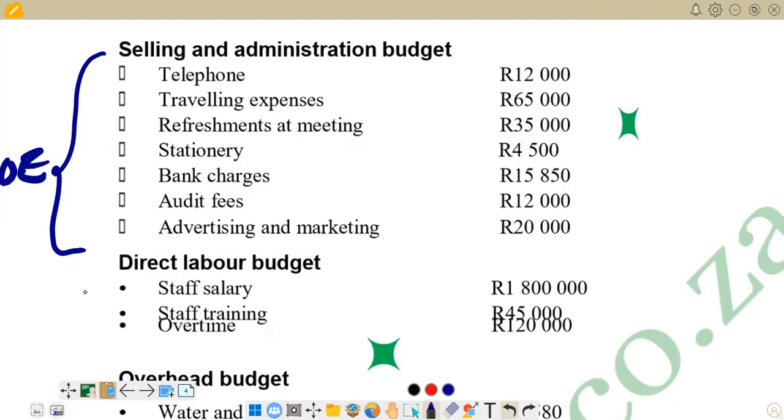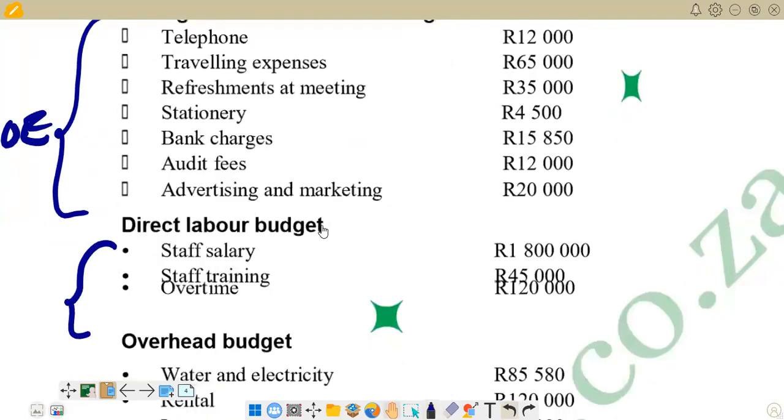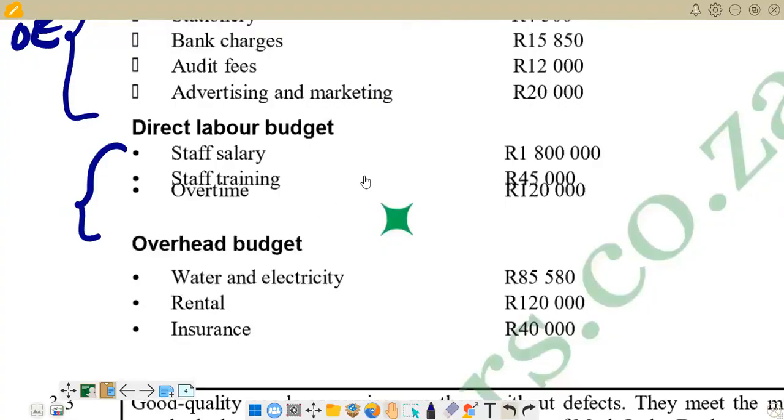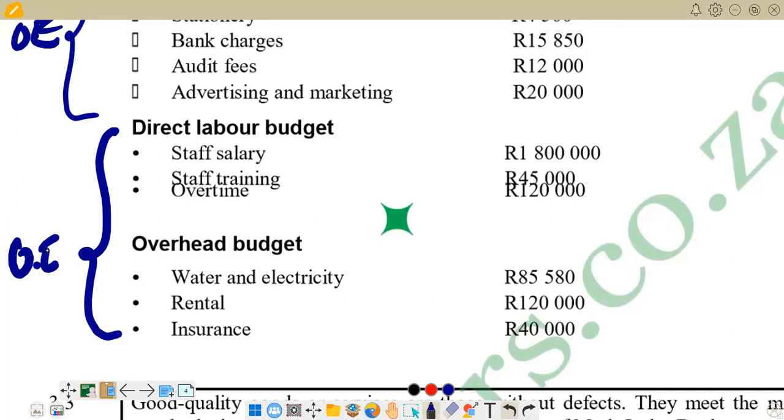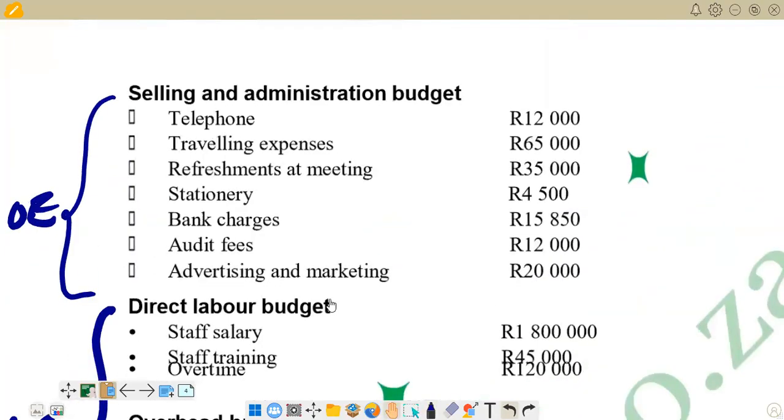And also we are going to see this one also. Let us see there beneath that we've got our overhead budgets. So it means also this section is under operating expenses. So we can just maybe include them all. So all these are our operating expenses. So we can start from the beginning and go down and pick them all.